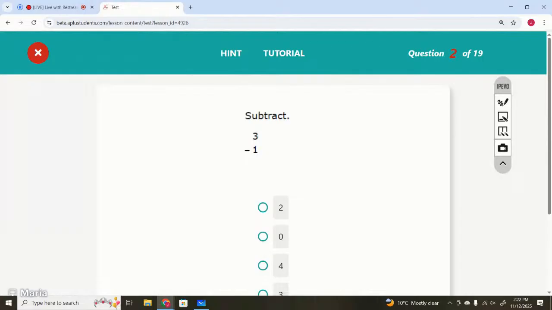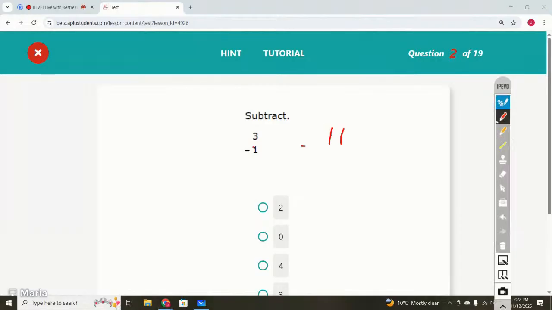3 minus 1. So when subtracting, the easier way is to start with the smaller number and count up to the greater one. Start with 1 and count up to 3. 1, 2, 3.